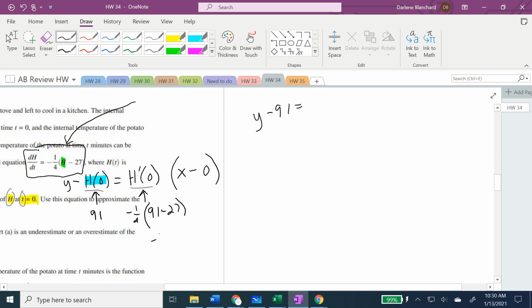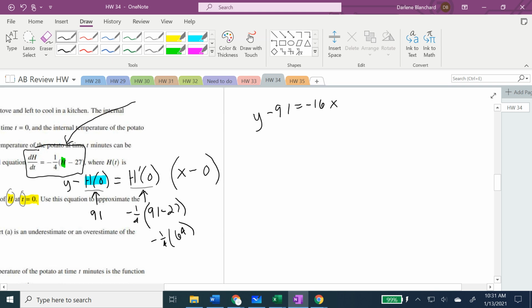That saves us time. Then negative 1/4 times 64 is negative 16 if I'm not screwing up. Double check me, because I'm trying to do head arithmetic while I'm trying to do a problem, and that's danger. Thank you. Okay. And then times x minus 0, so I'm just going to write an x.